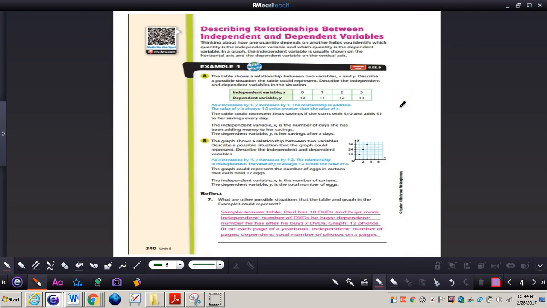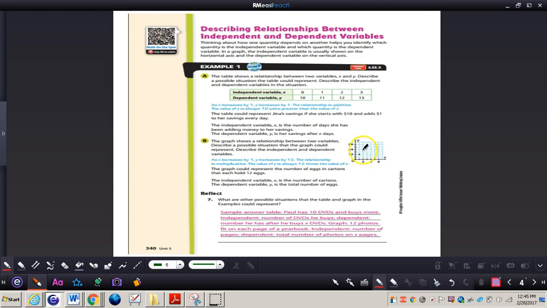So what we could see here for letter B says the graph shows a relationship between two variables. Describe a possible situation that the graph could represent. Describe the independent variables. So we can see the x-axis is 1, y-axis is 12.